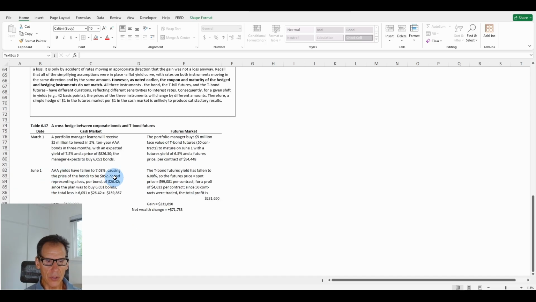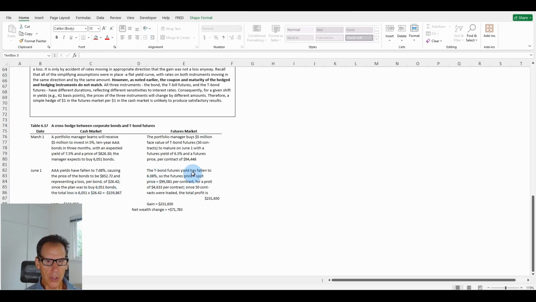AAA yields have fallen to 7.08, causing the price of the bonds to be $852, representing a loss per bond of $26.42. Since the plan was to buy 6,000 bonds, the loss is about $159,000.